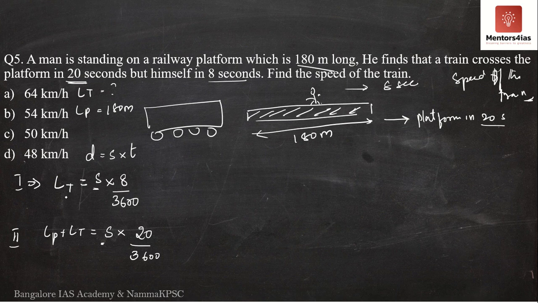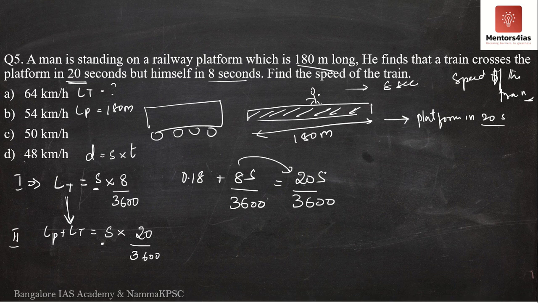So what we will do is, we will substitute length of the train as s into 8 divided by 3600 over here. We are going to substitute LT, that is length of the train, as s into 8 divided by 3600. So what do we get? We get LP, where LP is 180 meters or 0.18 kilometers, plus s into 8 divided by 3600 is equal to 20s divided by 3600.